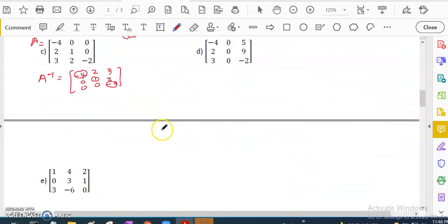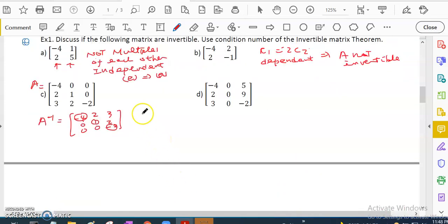C has three pivot positions, so it must be. So C implies A transpose is invertible. This is A transpose, and it satisfies C, so A transpose itself is invertible. And then because A transpose is invertible, L would imply A is invertible, so it is invertible.